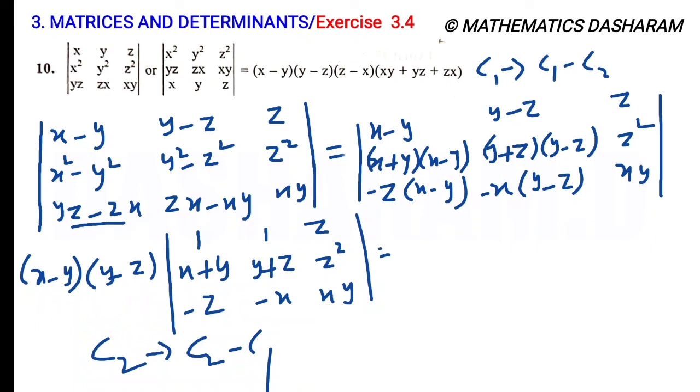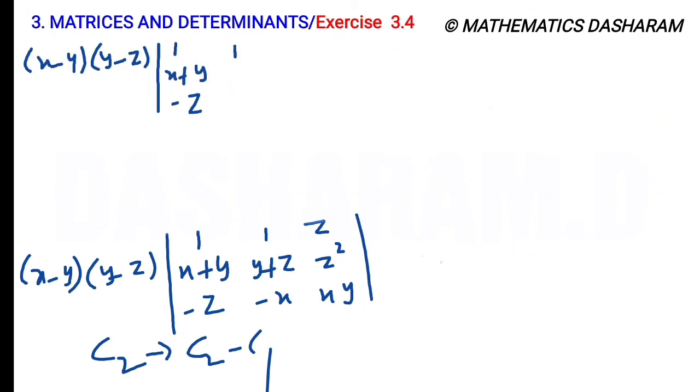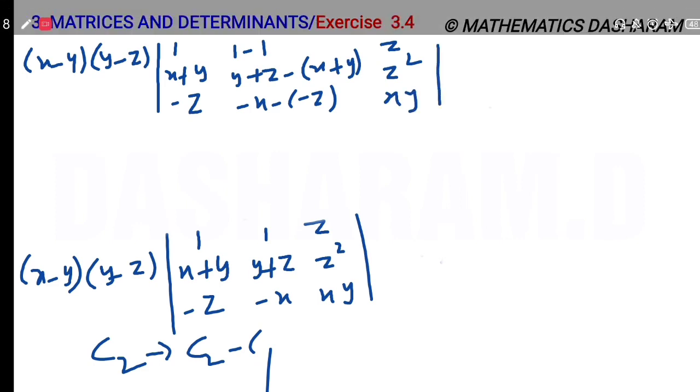So then it is equals to x minus y into y minus z mod. So here 1, so 1 minus 1, x to y plus z minus, take the bracket, x plus y. So then what will happen here? X to minus x minus of minus z, and the third column is z square xy.